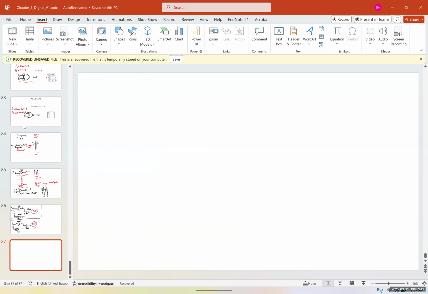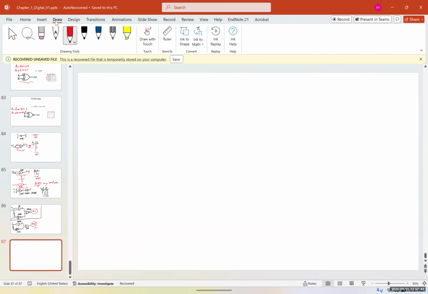And let's solve another one. This is the last one. A NAND gate, 3 inputs, and one of them is connected to a NOR gate with 2 inputs.